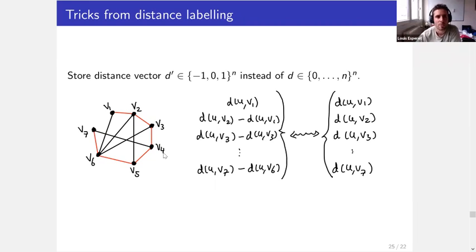A simple counting argument tells you that you lose the symmetry that gives n/2 instead of n in the exponent. Also, in the distance labeling community, they can do log 3 over 2 here instead of log 3 by combining with Moon's trick again. So we can't do that. We're sort of a factor 2 away from the best distance labeling bounds because we can't do the Moon argument anymore, basically.